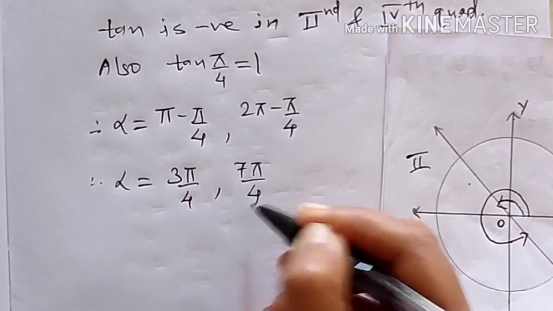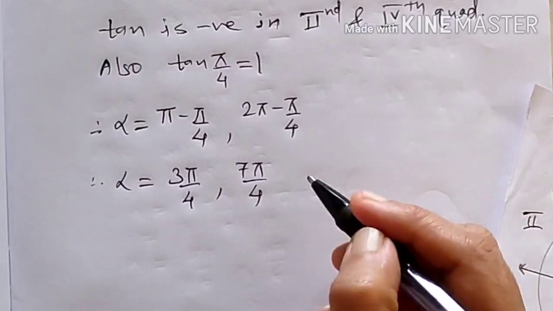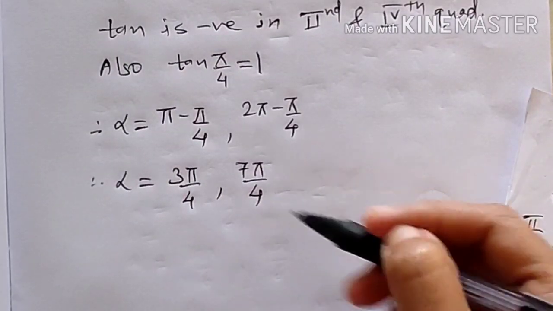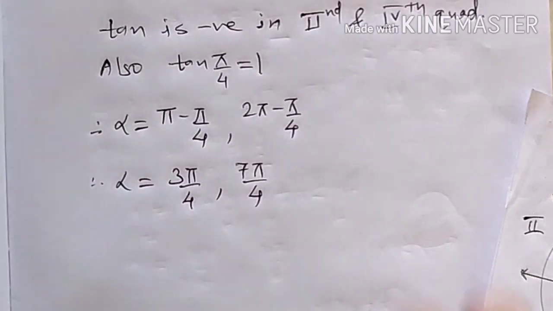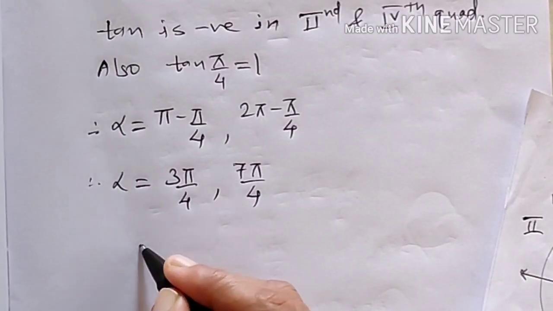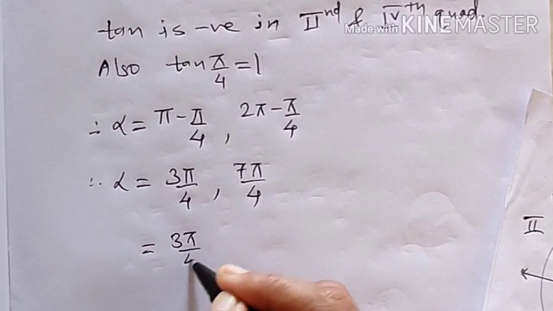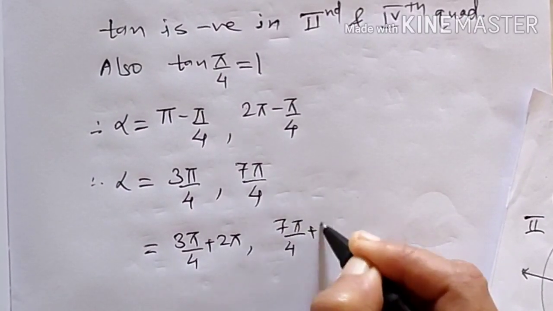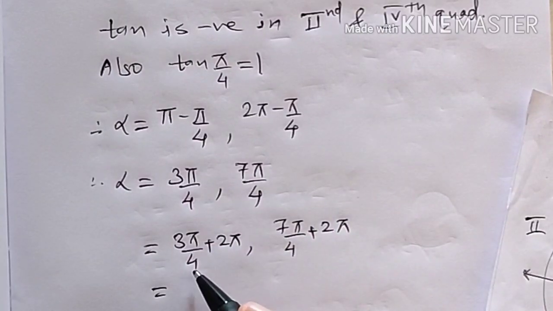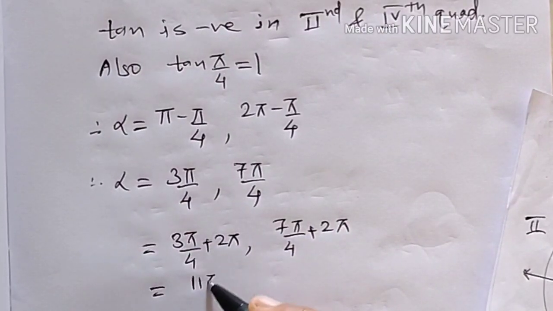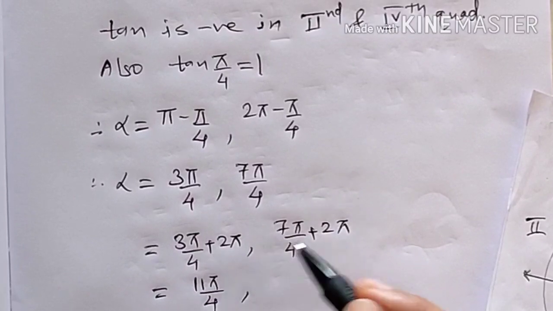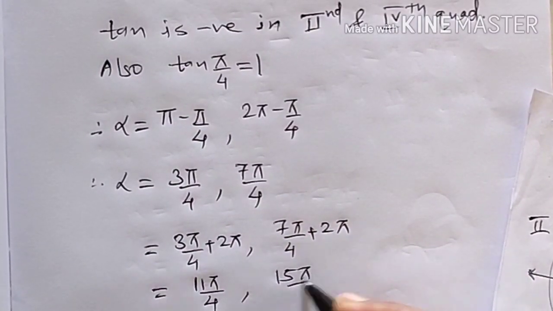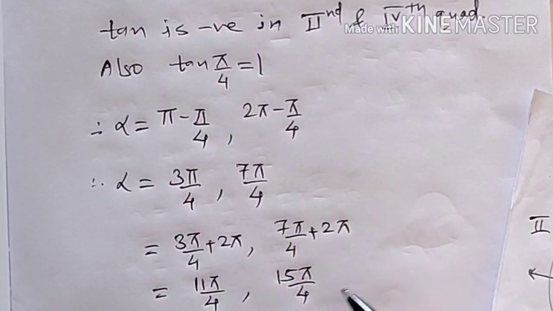This is when we consider the first rotation, between 0 and 2 pi. Then if I consider the second rotation, I get 3 pi by 4 plus 2 pi and 7 pi by 4 plus 2 pi. So we get 11 pi by 4 and 15 pi by 4.